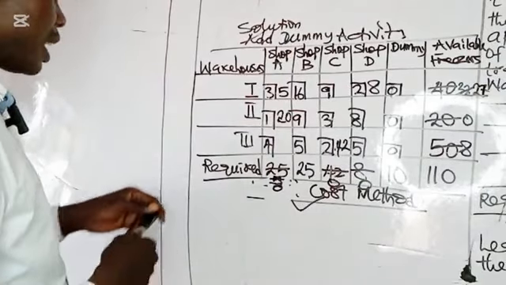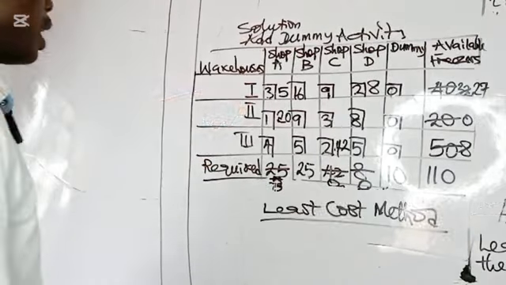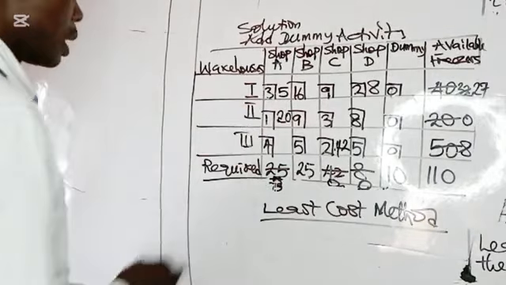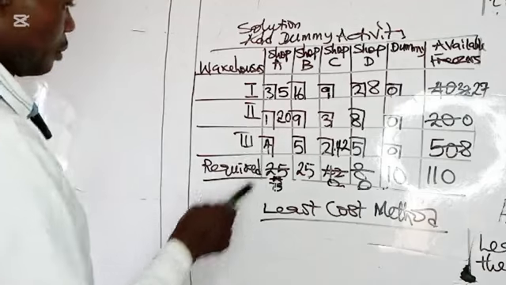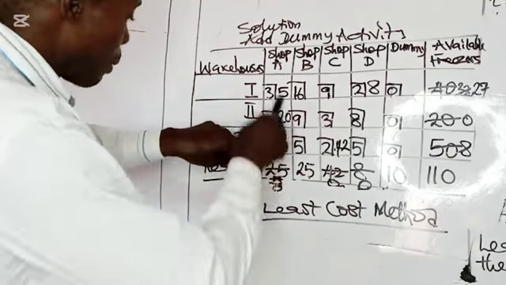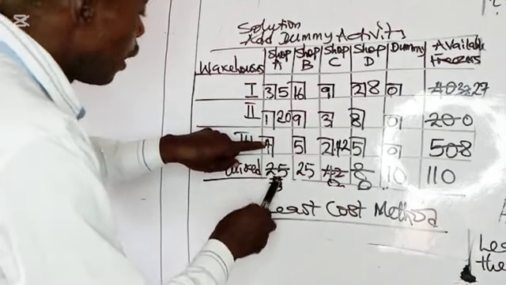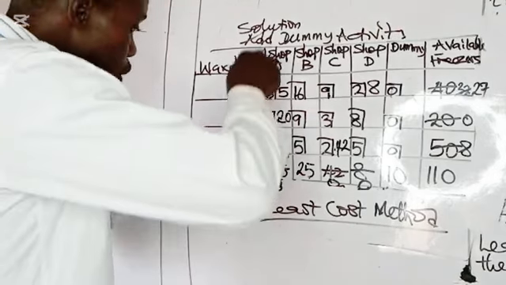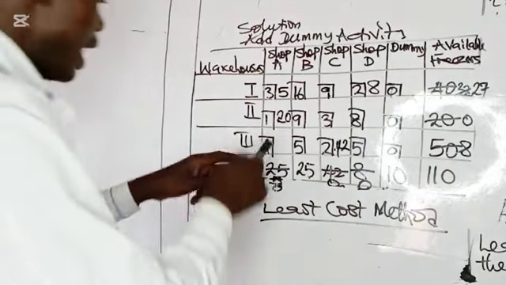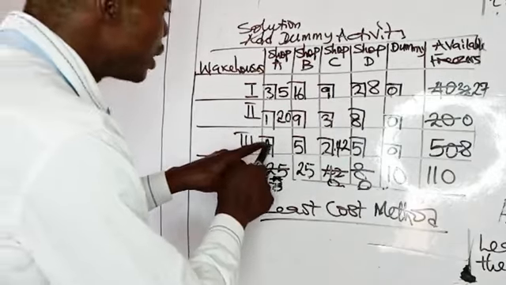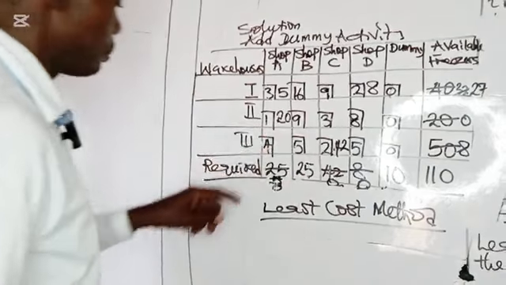Then the next least cost after 3 is 4. But since you have exhausted what you have in this column, no further allocation can be made to this column. That means you cannot make any allocation to this 4. Then the next least cost after 4 is 5.